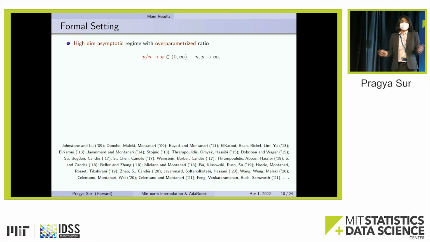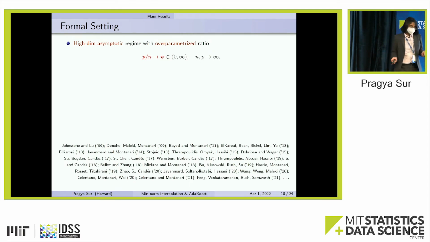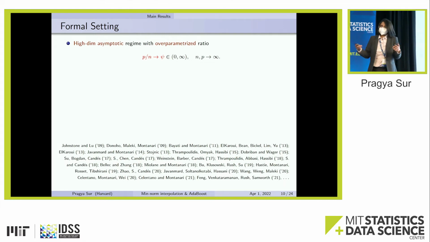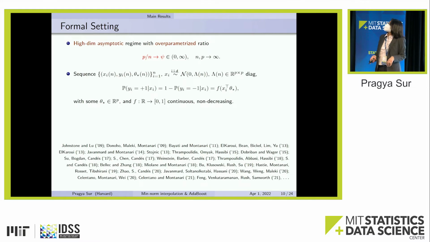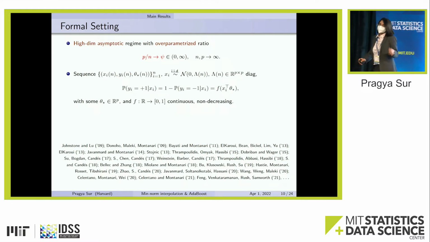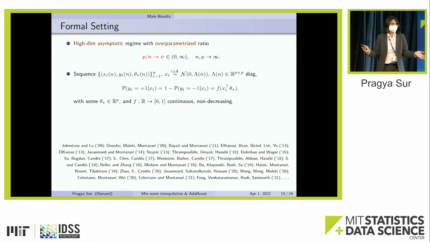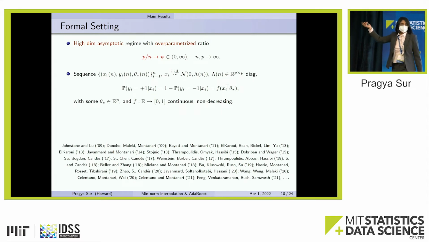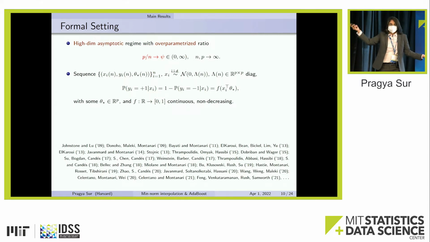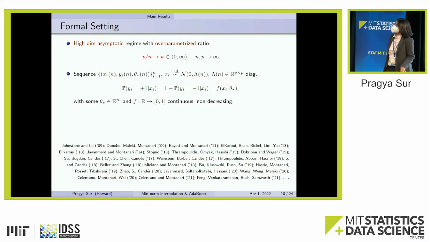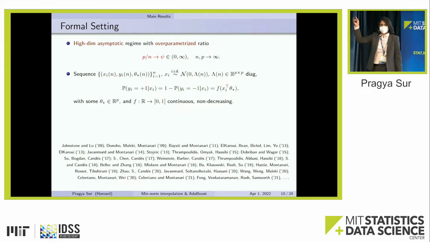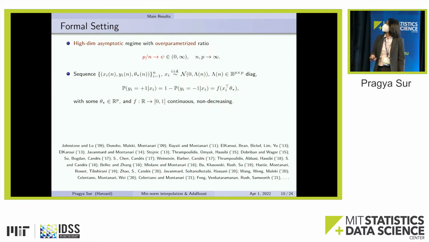Now, once you're in any high-dimensional regime, what's very important is you need to abstract away the important features of your problem. Let's say the notation is not important. Let's say we are in something like a logistic regression model. We can do more than logistic regression here, but we have binary classification. Anything of the type of logistic regression where you have a link function that has some properties, continuous, non-decreasing, that's fine. Initially, I have heavy conditions on the covariates, looking like IID Gaussians, but we'll go beyond that later.